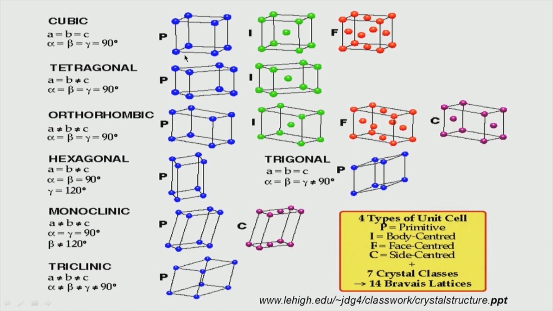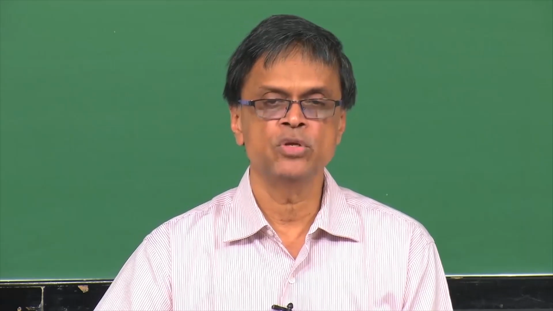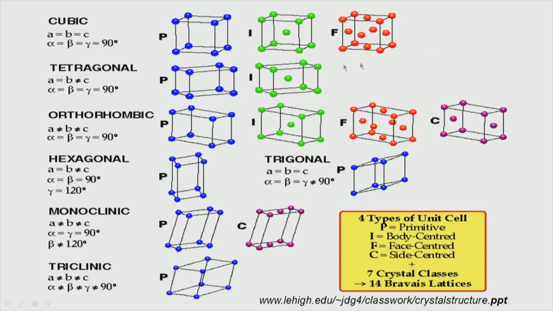If you are interested in preparing metal alloys, what type of metal to add to an existing metal to change its properties, if we know in which crystal class it will fall and, based on the dimension of the element, we can decide what type of new crystal class it will fall into. So, understanding the crystal structure is very important.